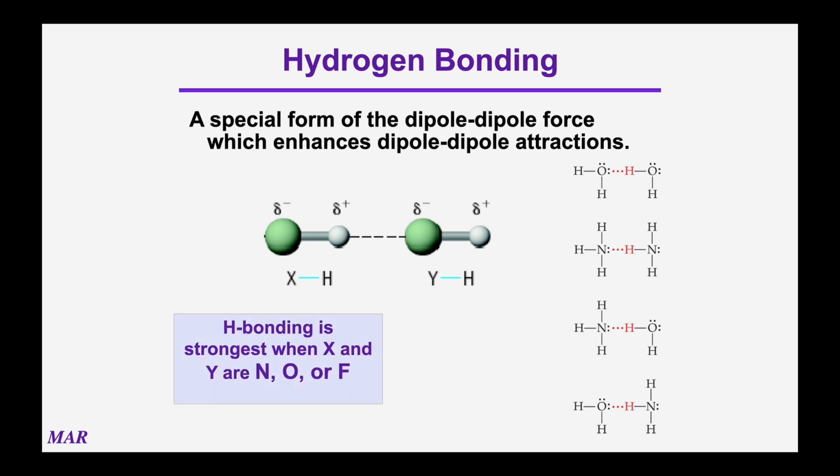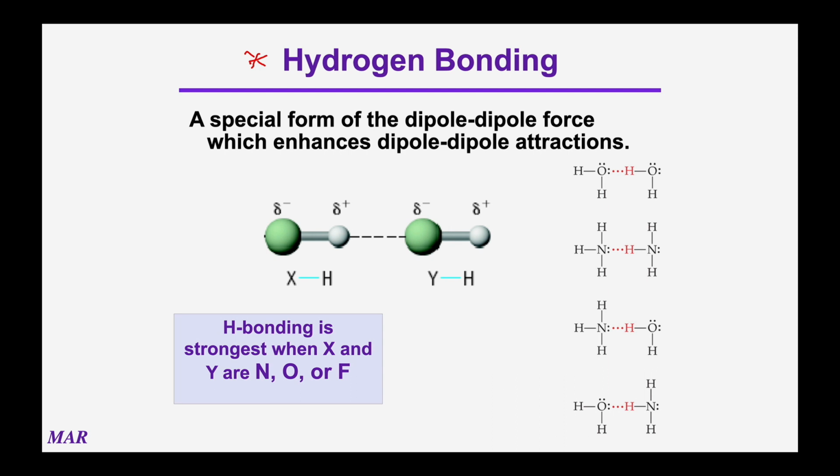If the X and Y are nitrogens, oxygens, or fluorines, you end up with what's called hydrogen bonding. And hydrogen bonding, again, is like a supercharged dipole-dipole. It's many orders, I would argue, of magnitude larger than a regular dipole-dipole force. So hydrogen bonding is going to definitely affect boiling points, melting points, and stuff like that. And we'll see some examples of it.